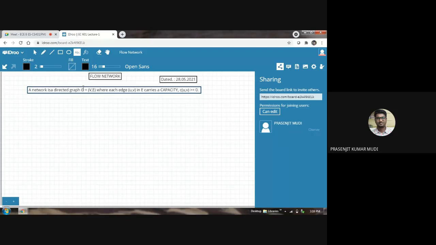Let's say it is denoted by G equal to (V, E), where E is the set of edges in that graph, and V is the set of vertices in that graph G. So it is a combination of a set of vertices and a set of edges.